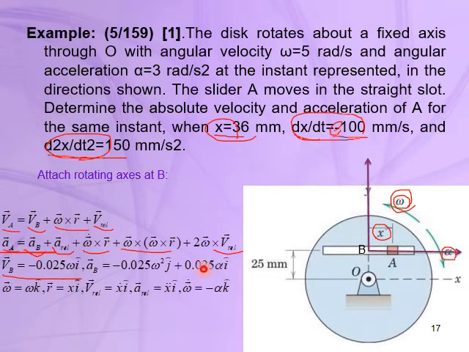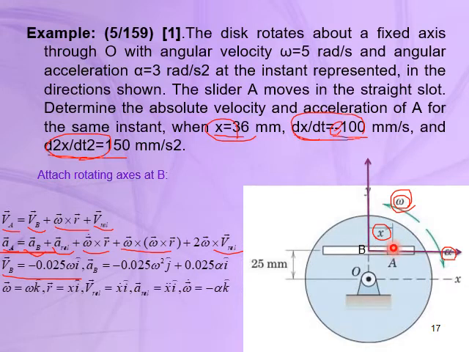Okay, so this is the acceleration of point B, and the next step you can substitute and calculate the velocity and acceleration of point A. For the relative velocity and relative acceleration, as I told you, if you sit here at point B and look at the slider A in the relative coordinate system, you can see a linear motion of the slider.